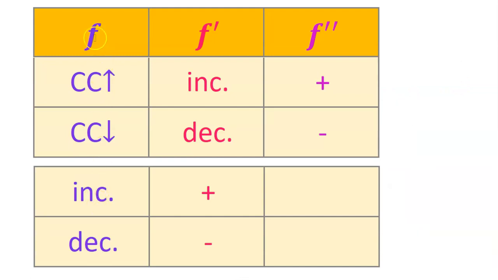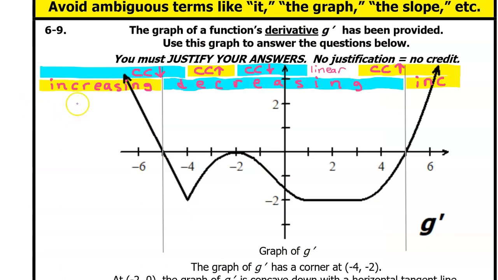But we are trying to graph function g. So what we really care about is wherever g prime is positive, g is increasing. Where g prime is negative, g is decreasing. So function g will be increasing in the yellow intervals and decreasing in the blue interval.